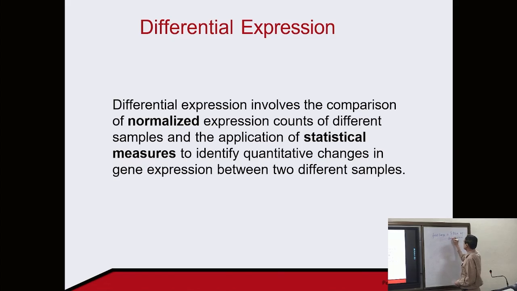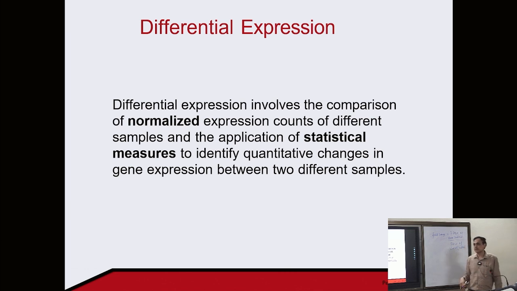So disease condition, okay, and divided by FPKM of control. Okay, and control is healthy, healthy for this example. Okay, so this is fold change.